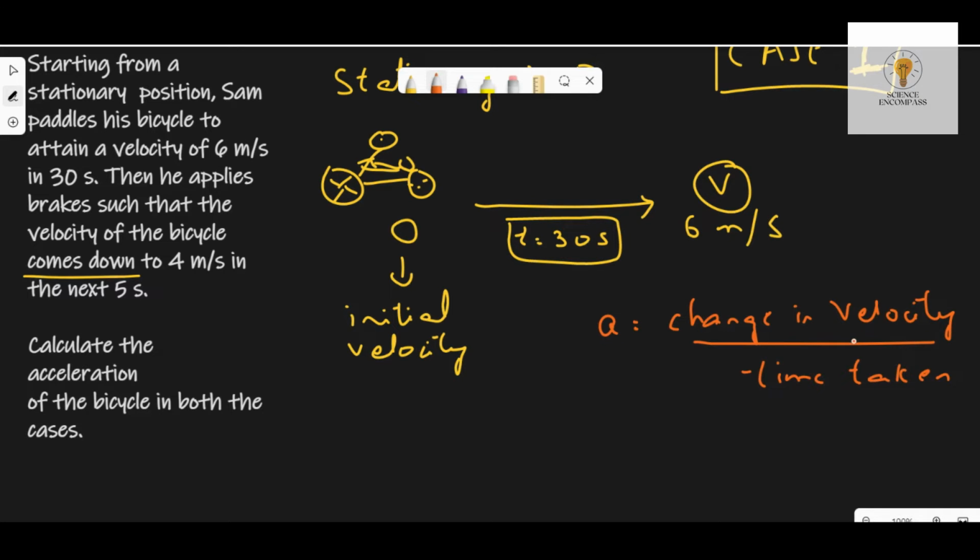Now, what is the change in velocity? If you have seen my previous video on velocity, how would you derive that? You would begin with something called the final velocity.